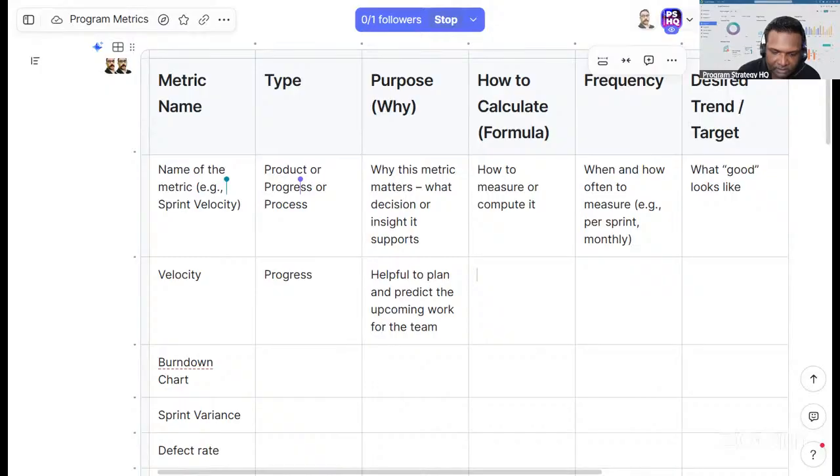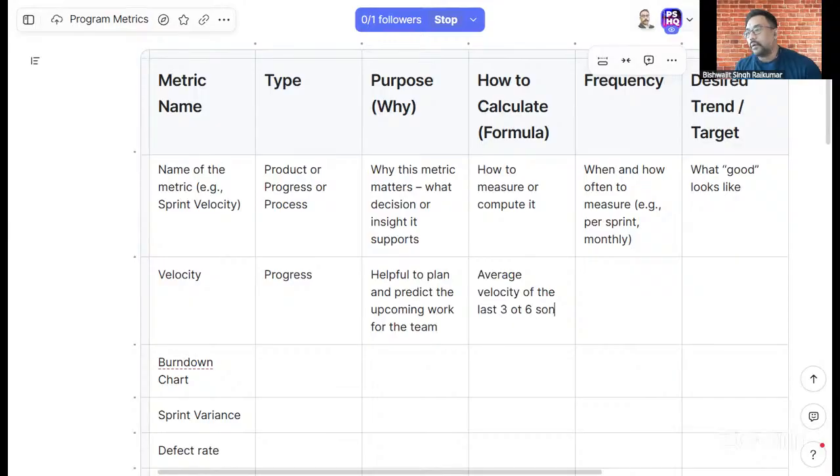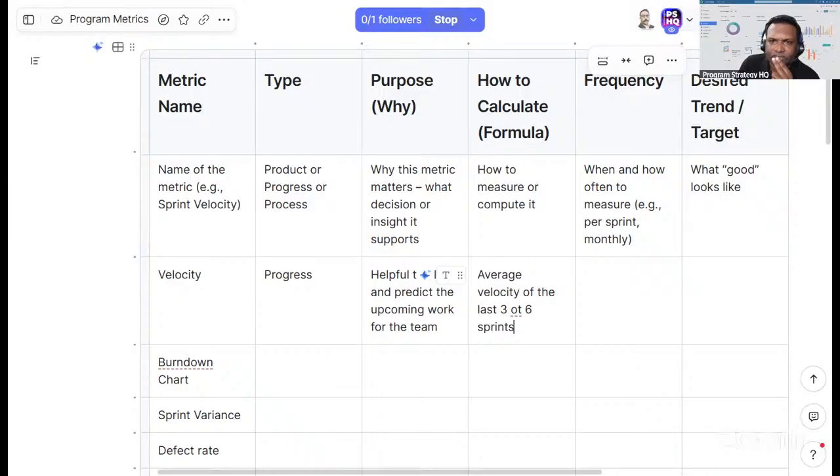So typically, how to calculate velocity is the average velocity of the last three or six sprints. Is it months or sprints? Sprints.